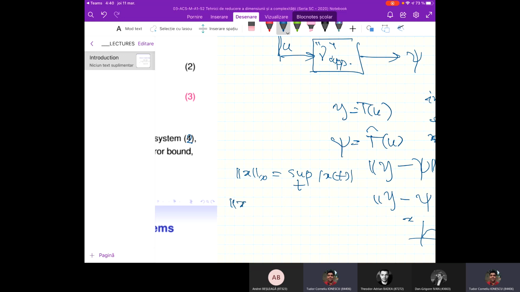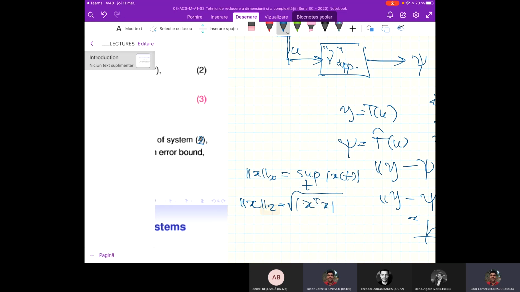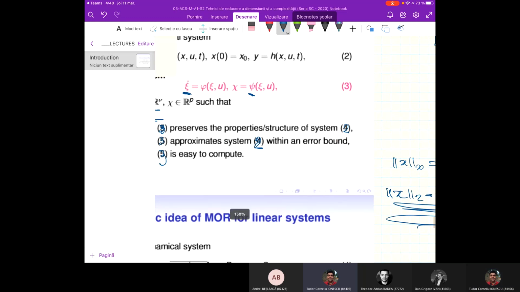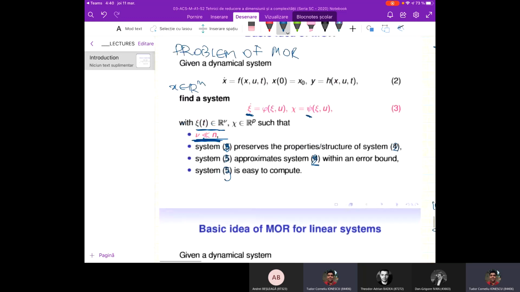And the 2 norm of X is the square root of X transpose X, sort of. So these are the measures that we take. We measure the norm of the signal of the error, and based on that, we compute other quantities.